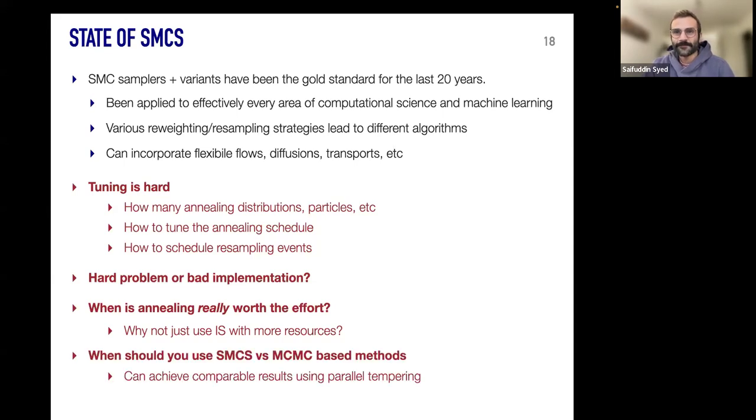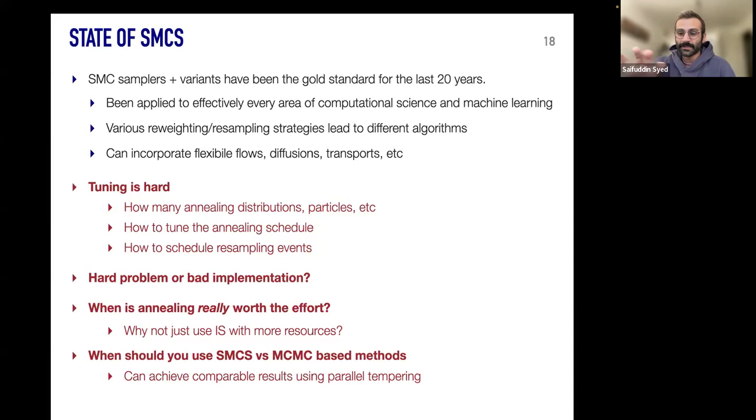And if there's time, I want to spend a bit of time also talking about why use SMC samplers instead of other algorithmic frameworks. So for example, what I described here is a particle-based method that is built around the sequential Monte Carlo framework.